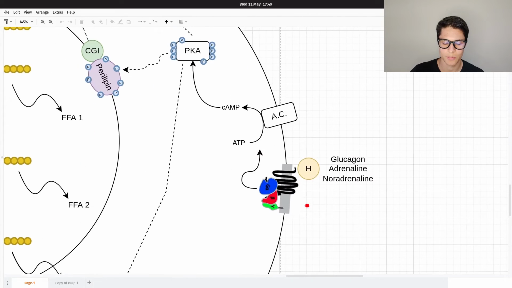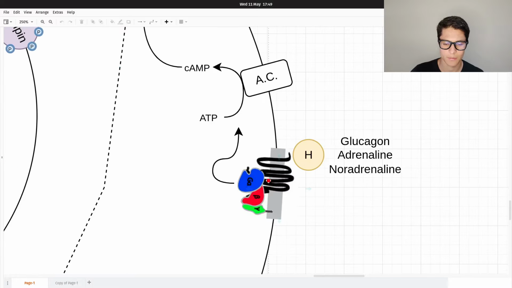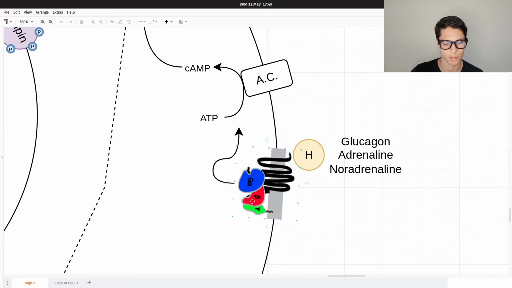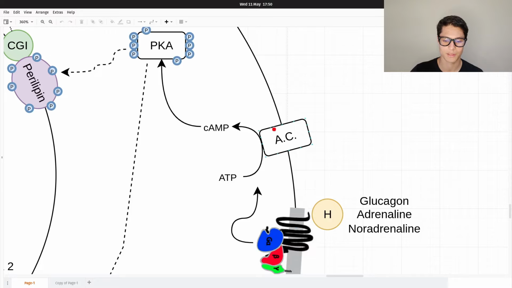To begin with, we have a G-coupled protein receptor here. These hormones are going to bind to these receptors and the G protein, and then they're going to stimulate adenylate cyclase to create cyclic AMP from ATP. So this enzyme is converting ATP to cyclic AMP.